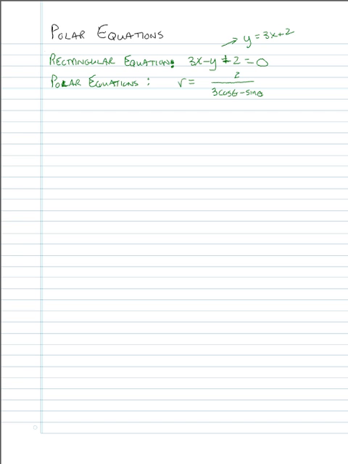On the other hand, sometimes we have a polar equation that looks very, very complicated, and the rectangular version of that, if we converted, would be very, very simple. So it's useful to be able to move from one system to the other. That's what we want to do now: convert equations from one system to another.